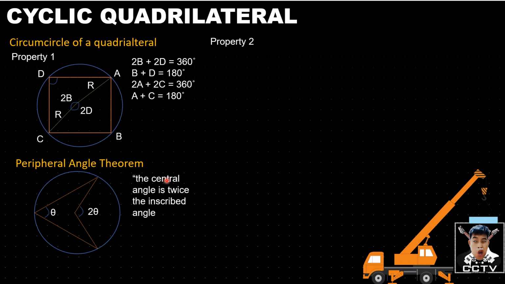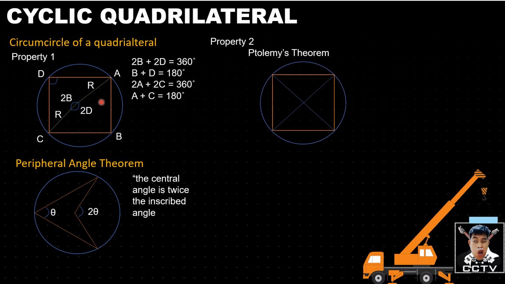And we have our property 2. Ito nga yung nandito pala, ito. This peripheral angle theorem is in-apply siya dito. We have our Ptolemy's theorem. Ito. C, D. And we have our sides ng square.